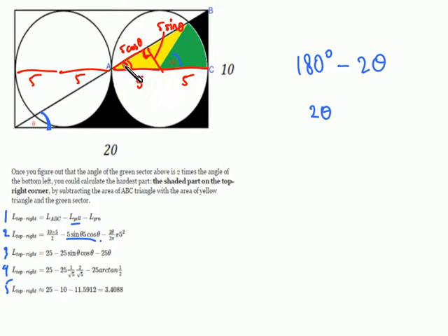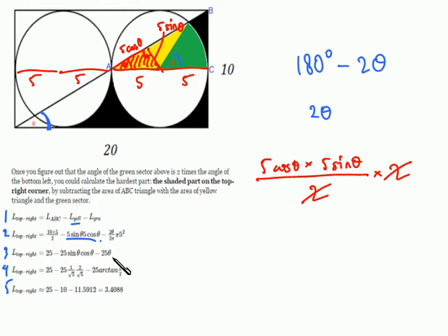So the area of this triangle is 5 cos theta times 5 sin theta divided by 2, and the area of the yellow triangle is the area of this triangle multiplied by 2. Therefore we get this. Now what about the green sector?